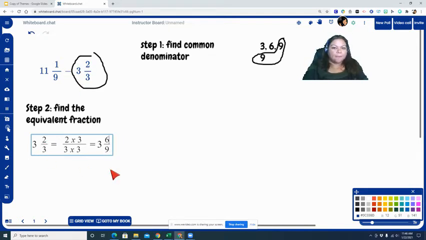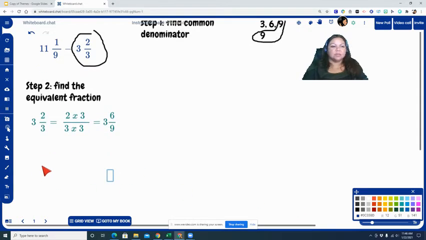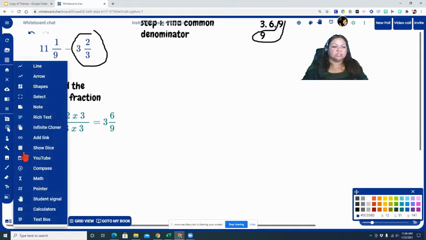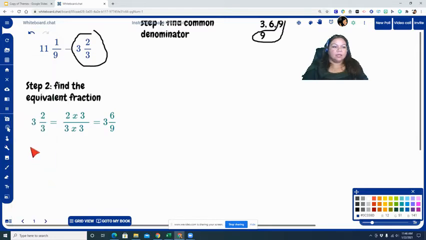So now I'm going to go to the next step, which will be to actually subtract. I'm ready to subtract.